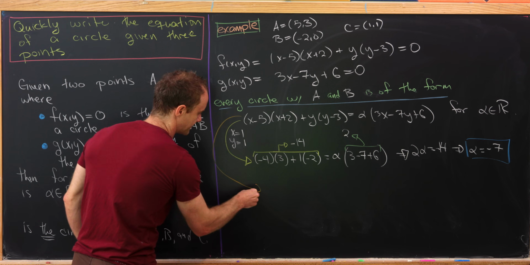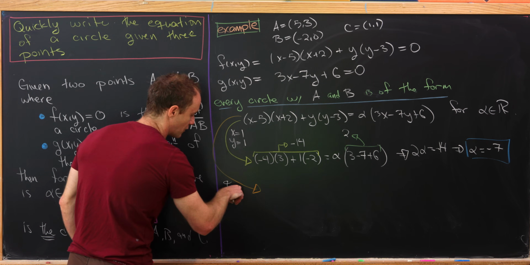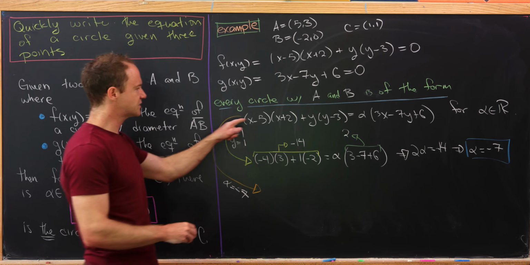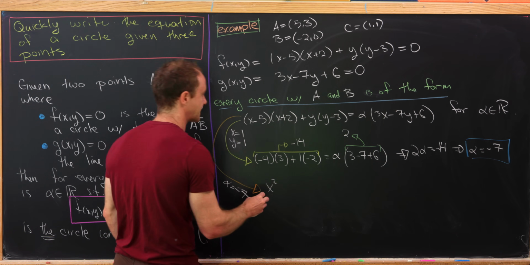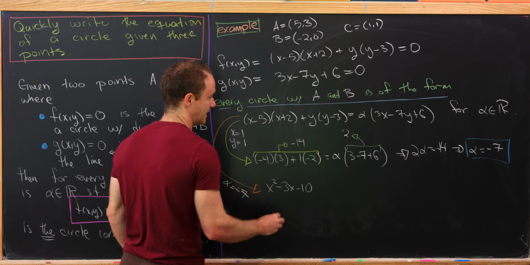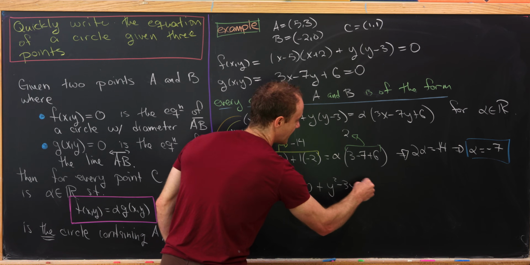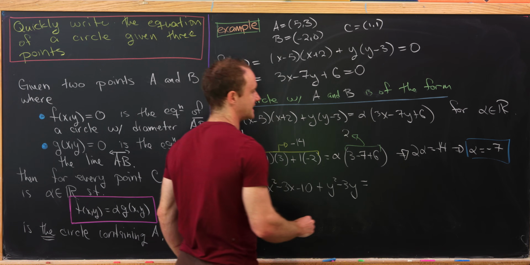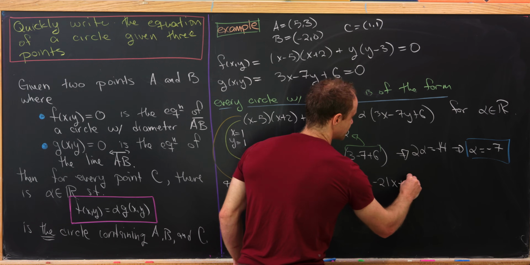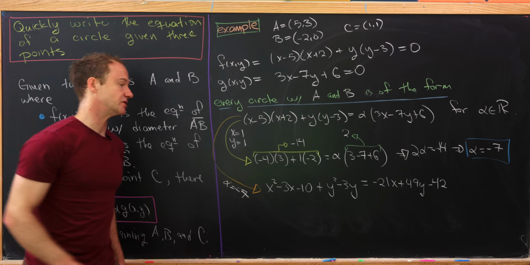Okay, we've got a number for alpha, and now we can plug that up here. So this orange arrow indicates plugging in alpha equals -7. Multiplying this out will give us x squared - 3x - 10. Then multiplying this out will give us y squared - 3y. And here plugging in alpha equals -7 will give us -21x + 49y and then -42.